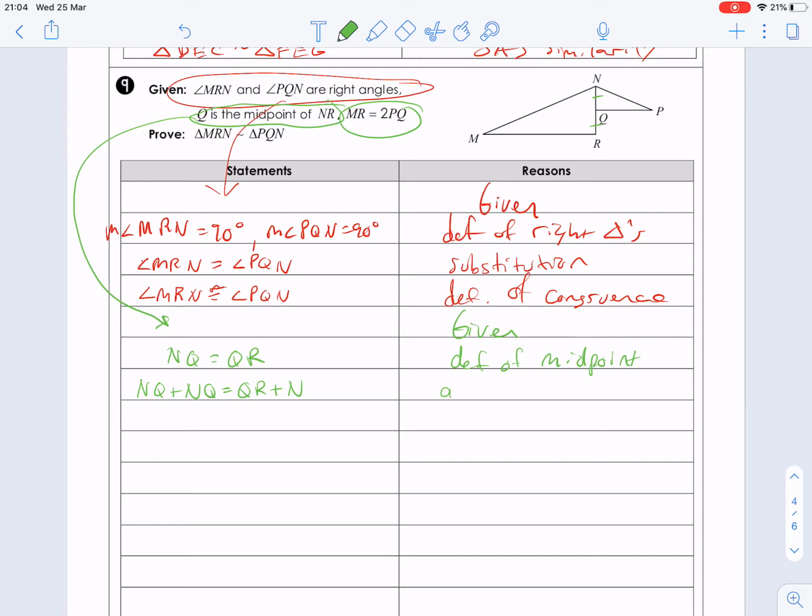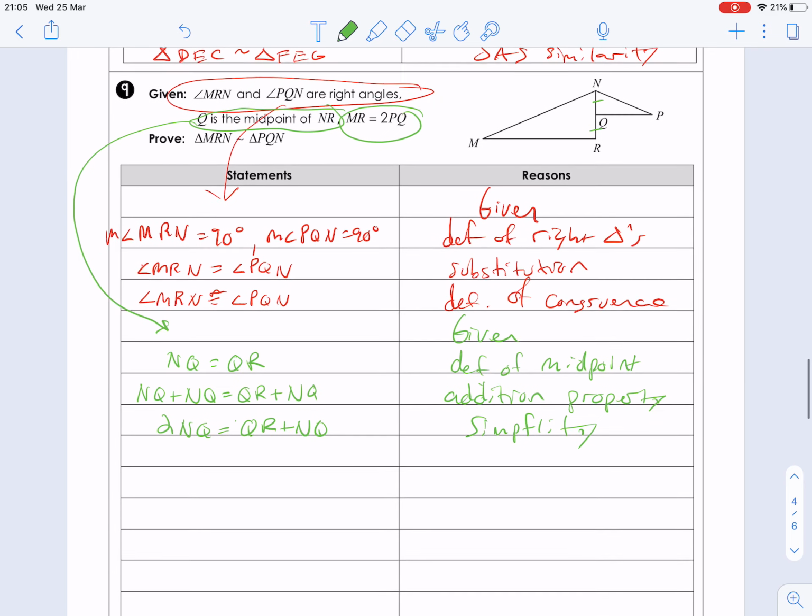that would be addition property of equality. I'll just write addition property. Okay, and then we can combine like terms. Equals QR plus NQ. That's just simplifying or combining like terms. And then we can say NQ plus NQ equals NR.